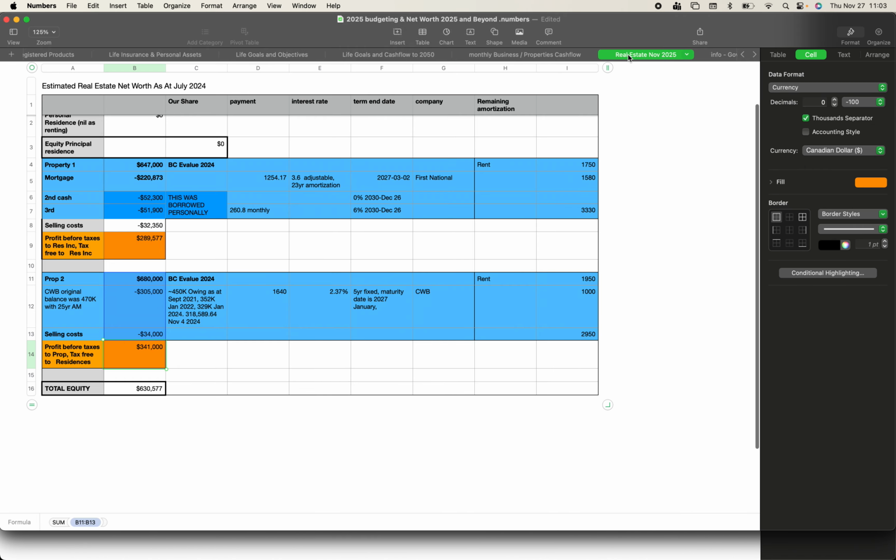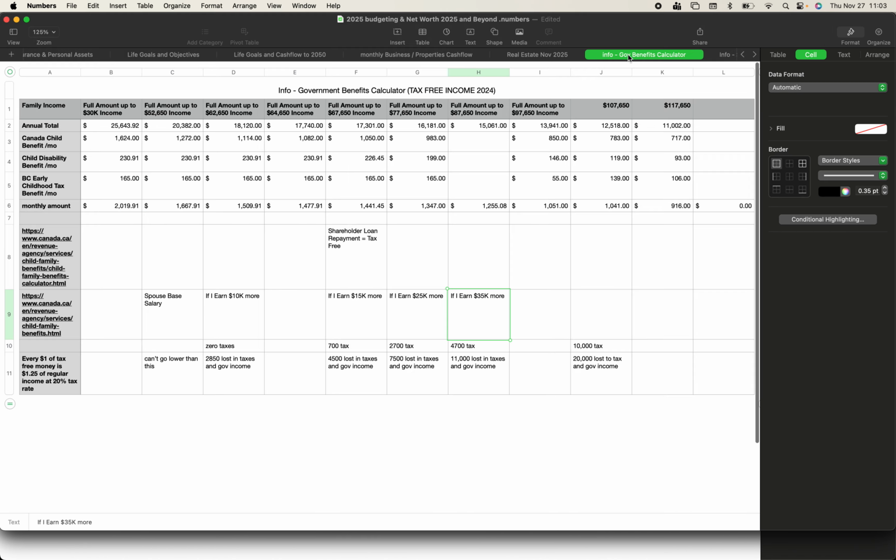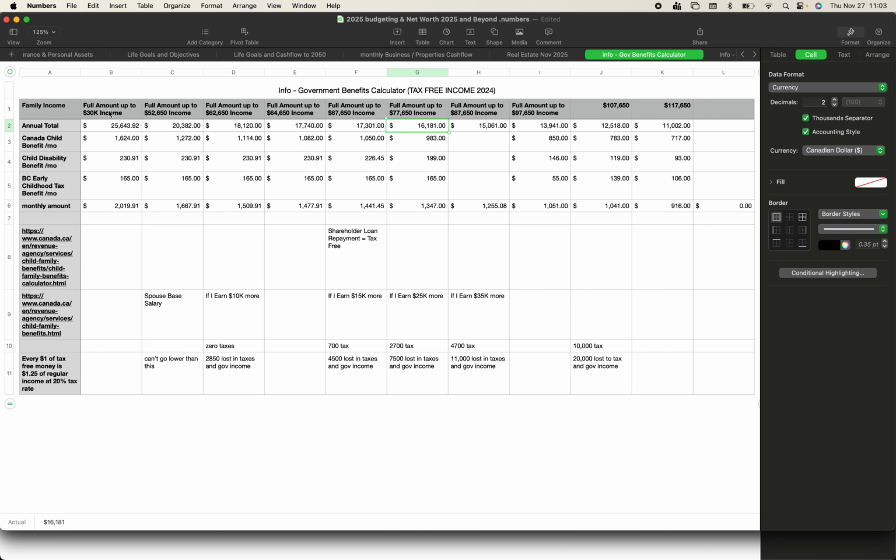These are just some information tabs. If you don't yet have real estate, then you wouldn't fill that out. I found this useful. I looked up my local government benefits, because if you have the opportunity to earn corporate income and you do that, then potentially you're not paying yourself out of your company, and then you can keep your personal income below whatever threshold you want to maximize your government benefits.